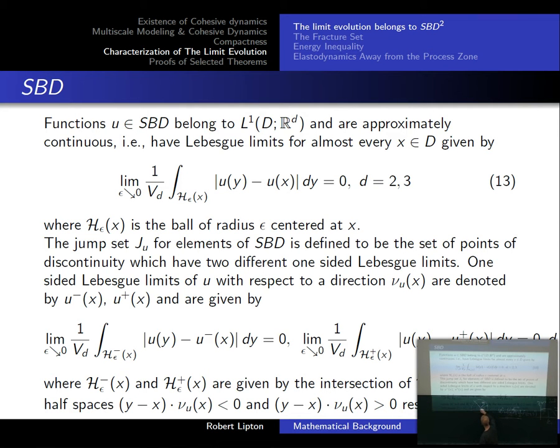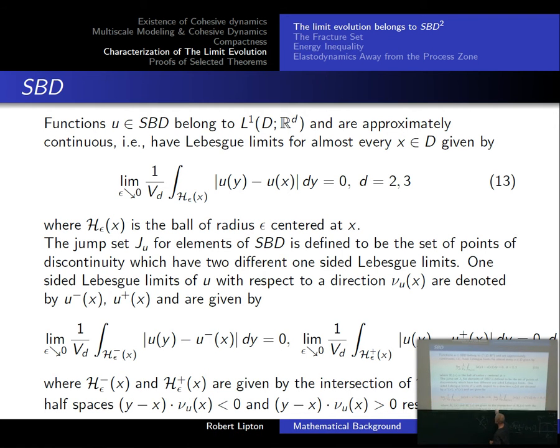So we take a plane with unit normal nu, cutting the ball at x, and on one side we consider shrinking the ball and just looking at one side at x as we shrink the ball to 0. That'll be the plus side, say. And then the other side, the minus side. That has to do with traversing the curve, so we'll go this way on the curve.